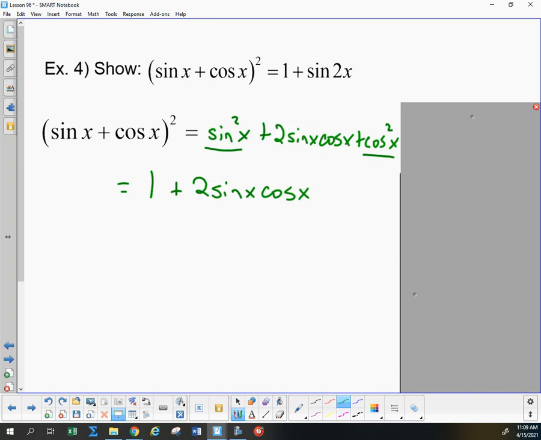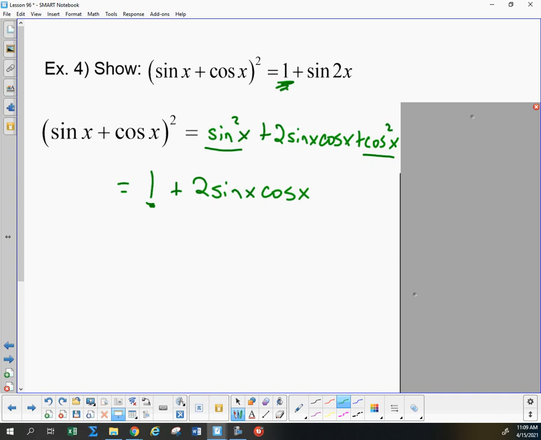I know that I have a formula that says 2 sine x cosine x equals... so I'm not sure what I'm going to do. So I look at where am I trying to go. I need to get to 1 plus sine of 2x. I've got the 1.